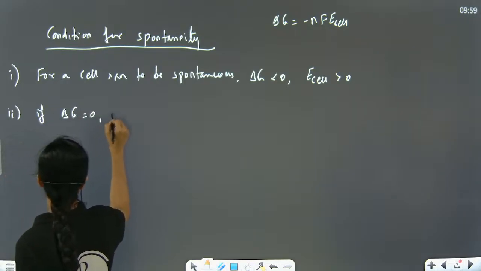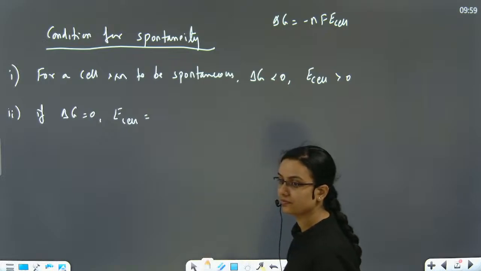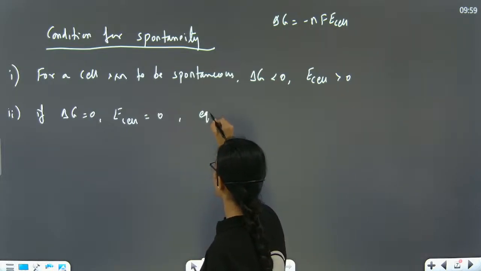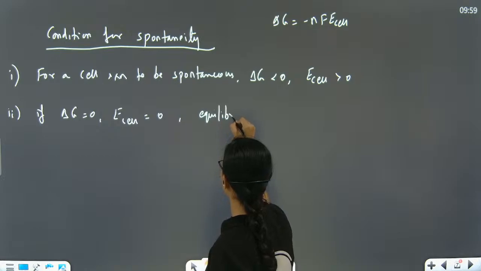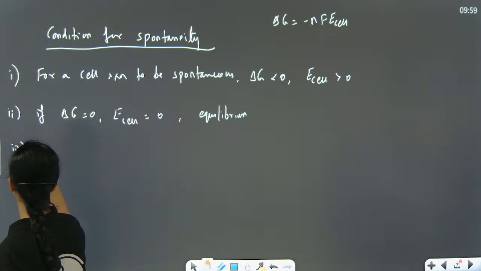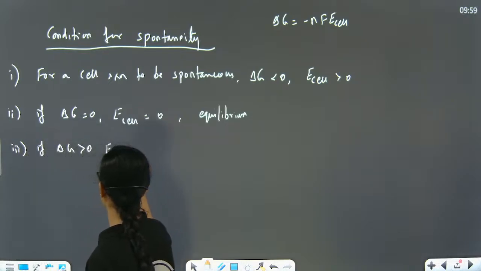If delta G is 0, E cell will be 0, meaning the reaction is at equilibrium. If delta G is positive, E cell will be negative.